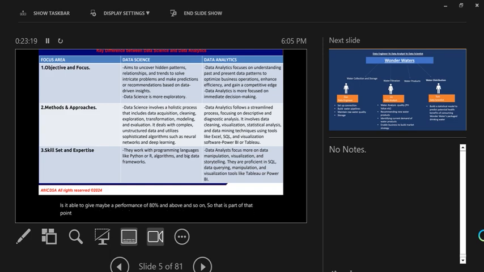And therefore, one thing about data science is that it deals with both structured and unstructured data, which is complex. Of course, unstructured data is very complex. How to analyze images, text, and so on, it is a bit complex.